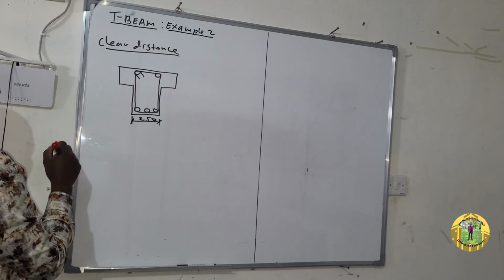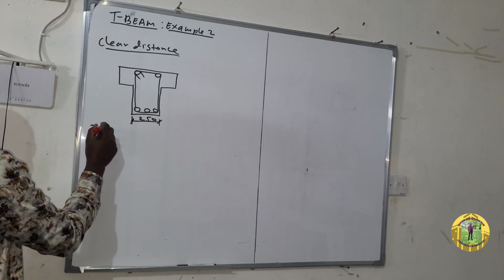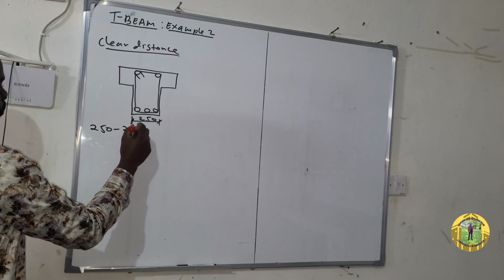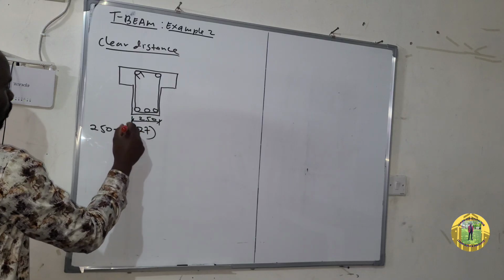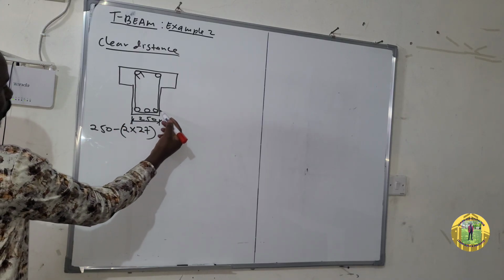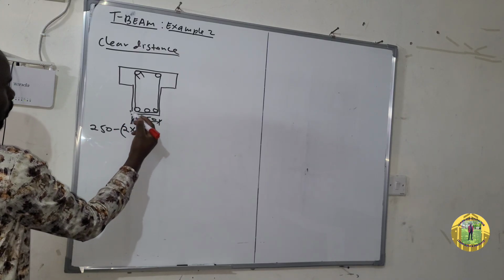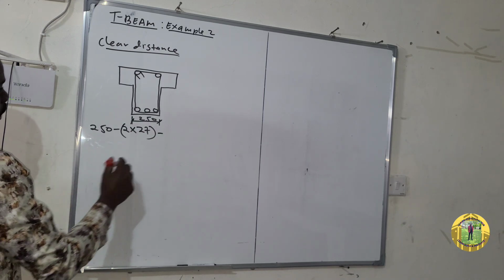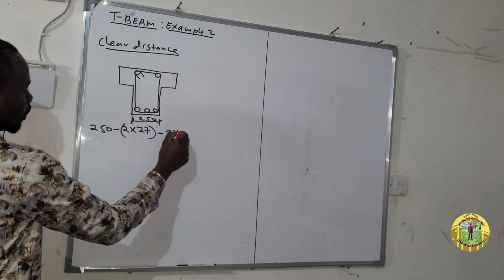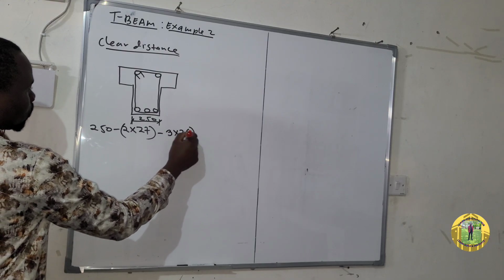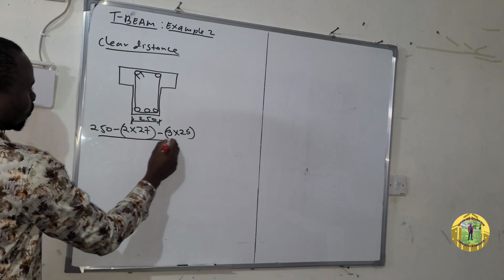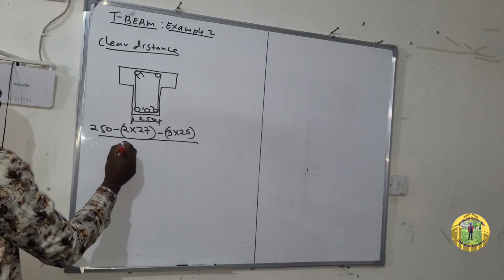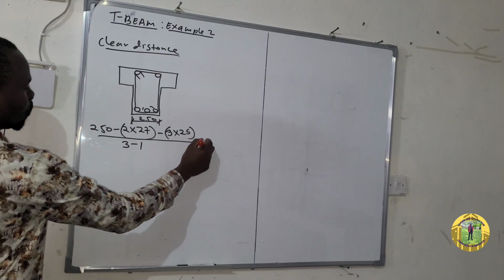To calculate the clear distance, you will take 250 minus 2 times cover, which is 27. So here you subtract this cover and then this cover, then minus the diameters of these three bars, so 3 times the bar, which is 25, and then divided by the number of spaces. Number of spaces, we have 1, 2, which is 3 minus 1.